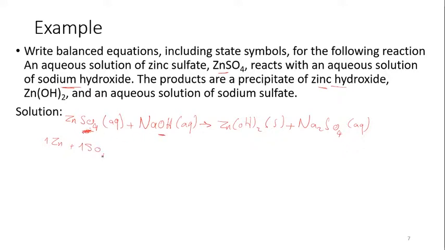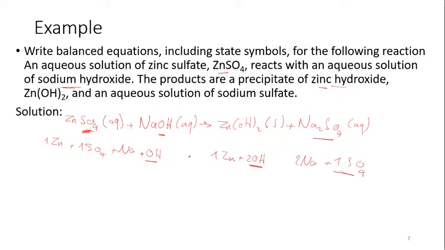So I have one sulfate group, and I have one sodium atom and one hydroxyl group. Here I have one zinc atom and 2 hydroxyl groups, and here I have 2 sodium atoms, and I have 1 sulfate group.